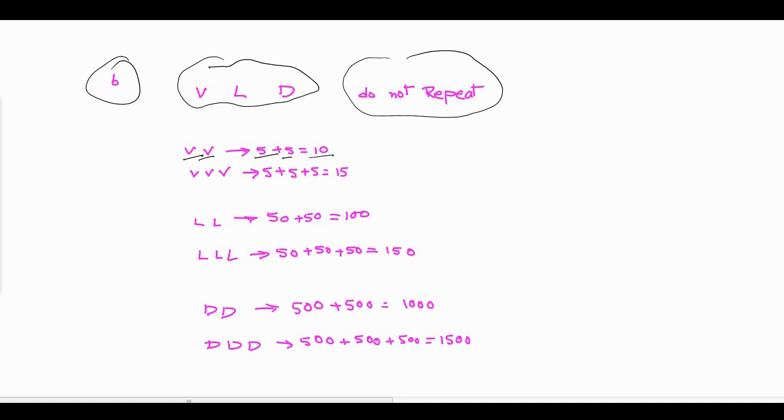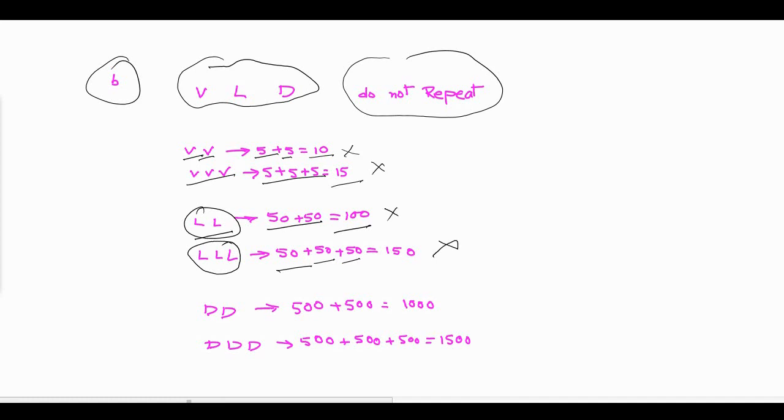We cannot write 15 like this, triple V. Double L, we cannot write 100 like this. We cannot write 150 like this, 50 plus 50 plus 50. All these are not allowed.